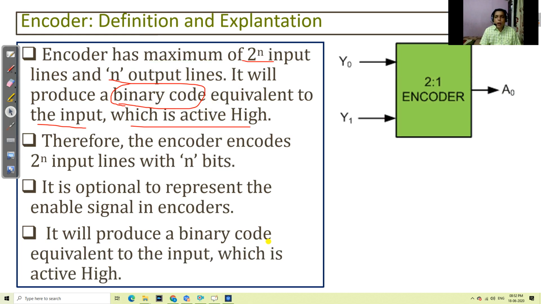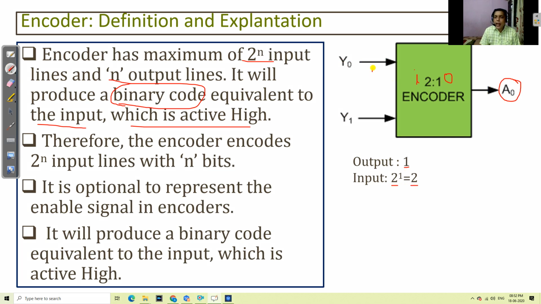Let's understand from the 2 to 1 encoder. In the 2 to 1 encoder, 1 indicates the output, whereas 2 indicates the input. So the number of input lines is 2 and output lines is 1. So the output is 1, hence inputs are 2 raised to 1, that is 2 inputs. There are 2 inputs, y0 and y1, and a0 is the output.